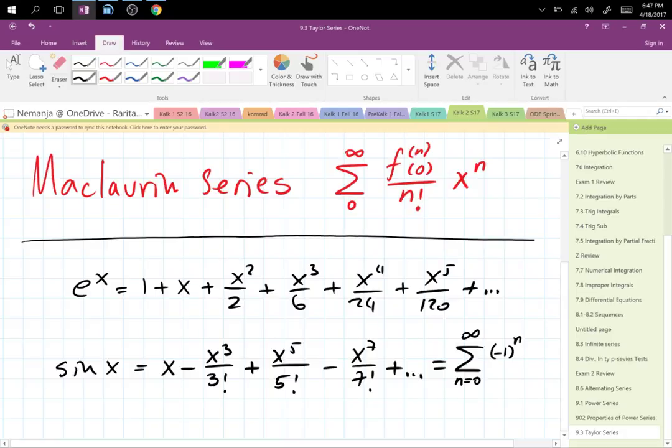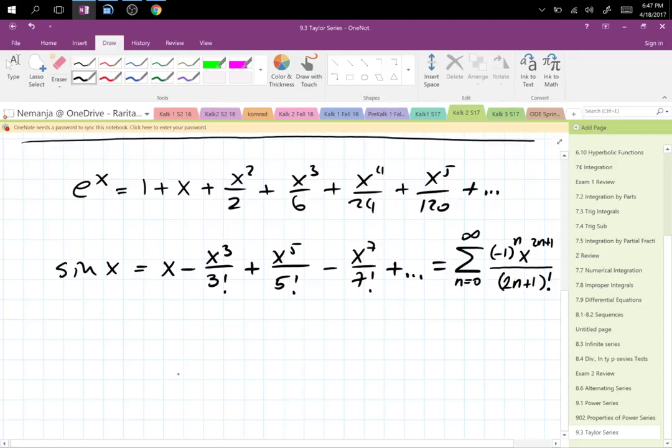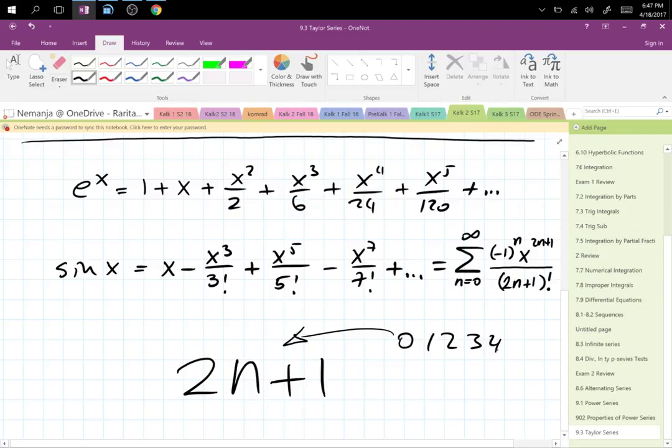go to infinity, you will be dividing this by 2n plus 1 factorial. This is how you're getting your odd numbers. And you have your x to the 2n plus 1 as well. So you have all of your odd exponents, 1, 3, 5, 7, 9, because the 2n plus 1 gives you only odd numbers as you plug in 0, 1, 2, 3, 4, and so on.